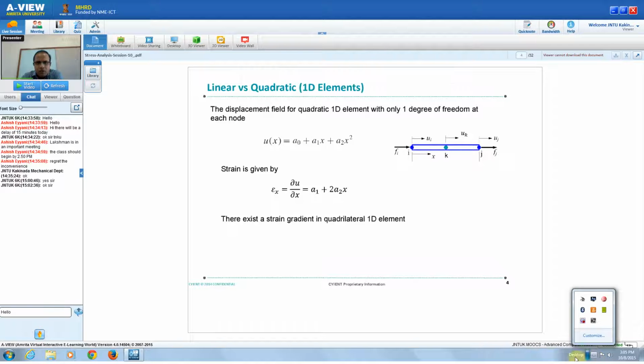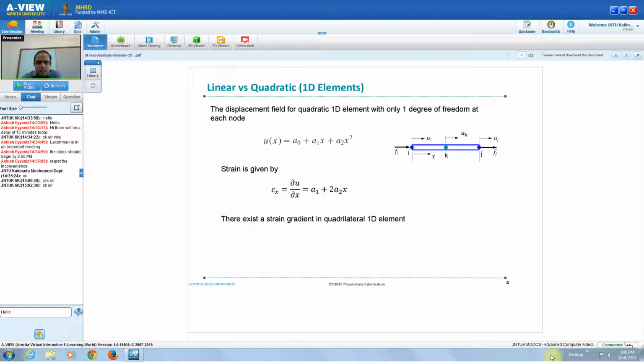Now coming to 1D elements with quadratic formulation, that means with mid-side nodes. Here I and J are end nodes and K is the mid-side node. The displacement function for 1D elements looks like this, and the quadratic term comes in here.